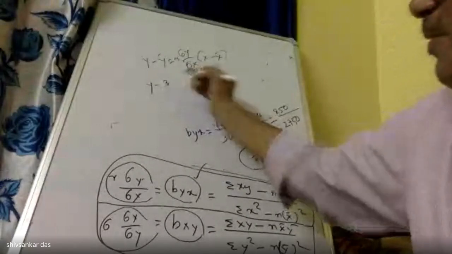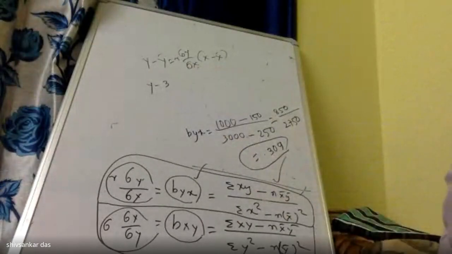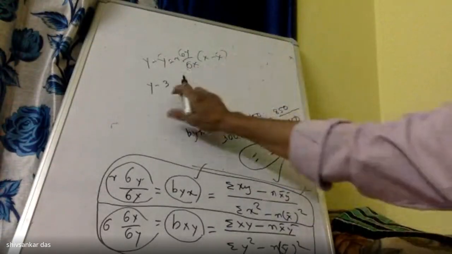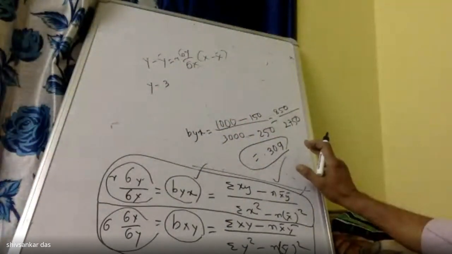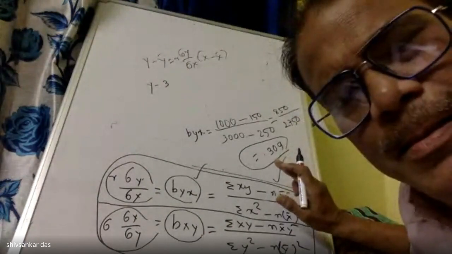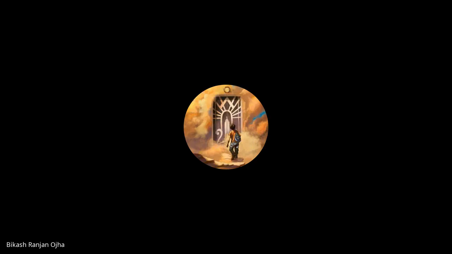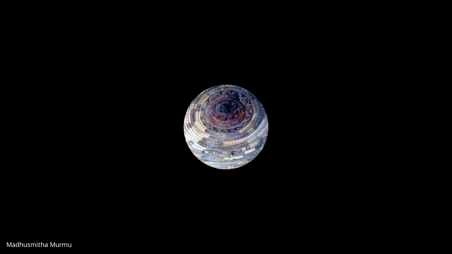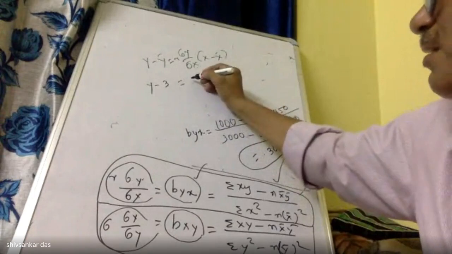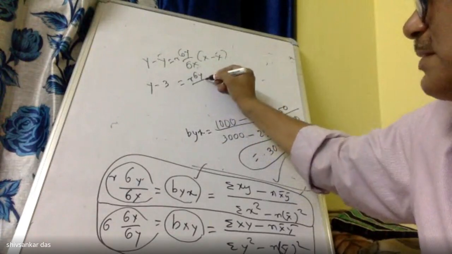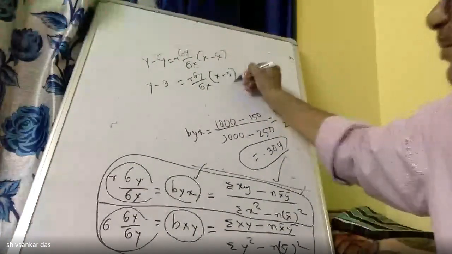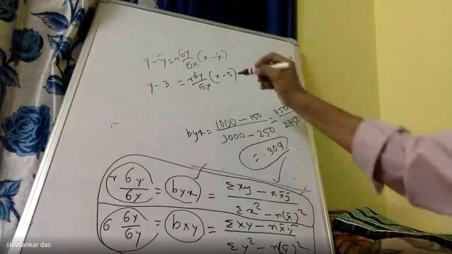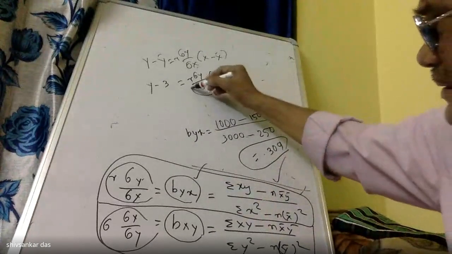It is 3, that is 30 divided by 10, since summation of y is equal to 30. Then r sigma y by sigma x, let it be there, and x bar is 5. Okay, here, what is this?